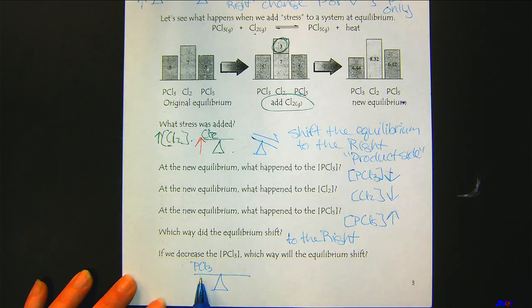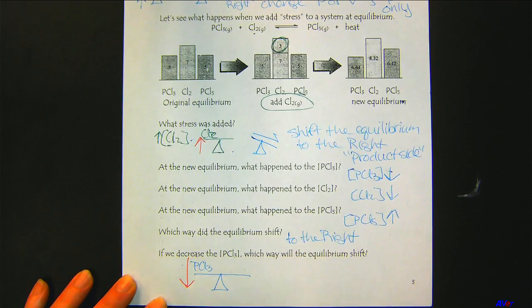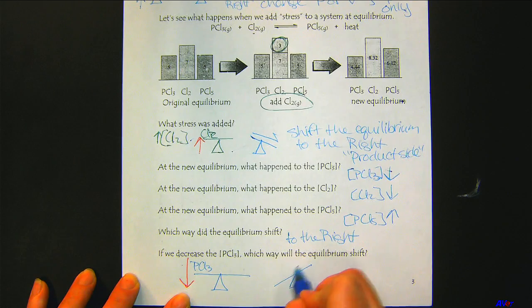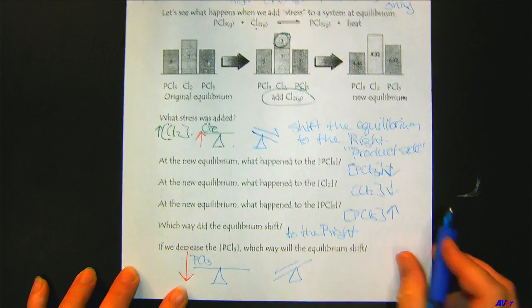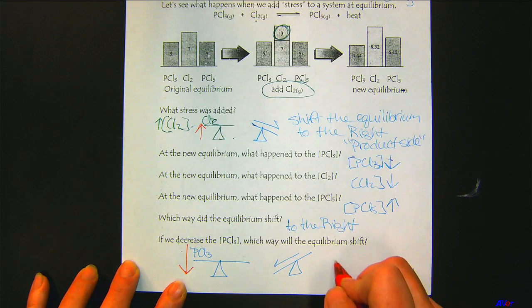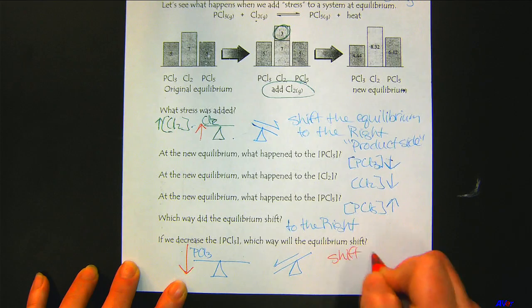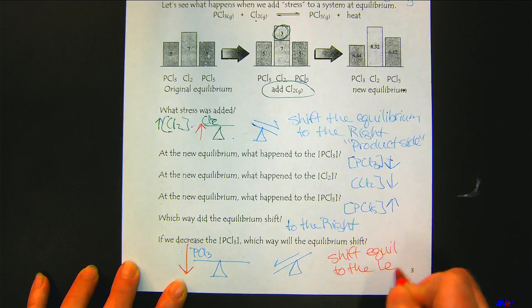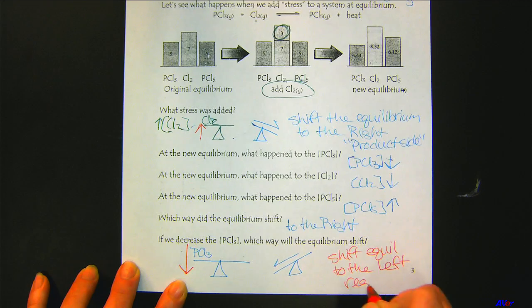Now we're going to decrease it, so we're going to go down. If we decrease, that's going to cause our teeter-totter to shift to the left. So we would say that we have shifted the equilibrium to the left, which is the reactant side.